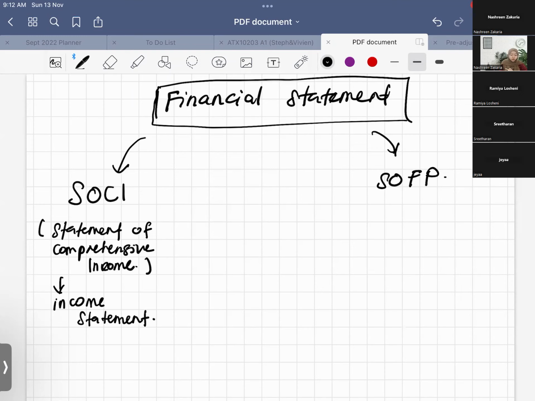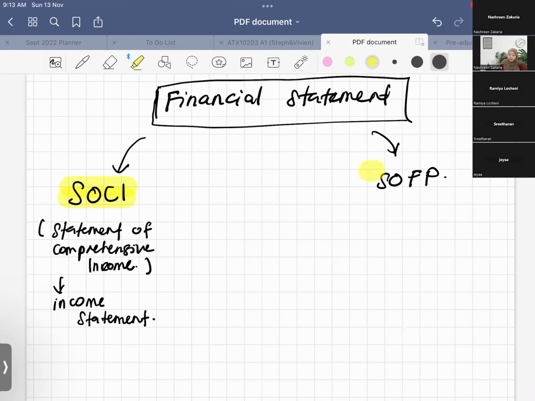So SOCI is the income statement. But normally in exam questions, they will use statement of comprehensive income instead of income statement. So you need to know that SOCI is actually the income statement.